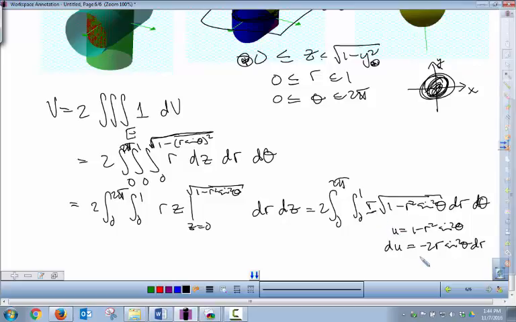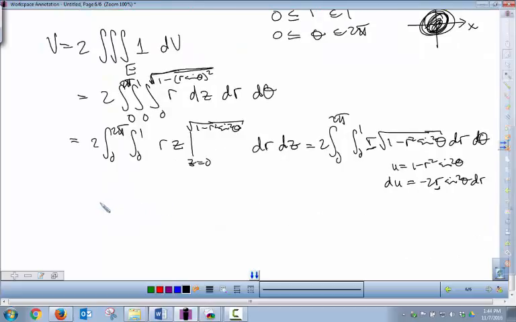So the r here could kind of undo itself. And then what would we have? We would have negative 1/2 and then a sine squared theta. That's cosecant or something, isn't it? We'll deal with that later.